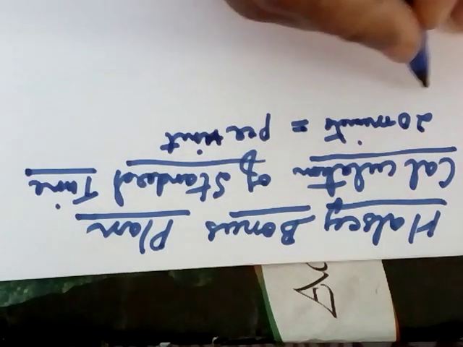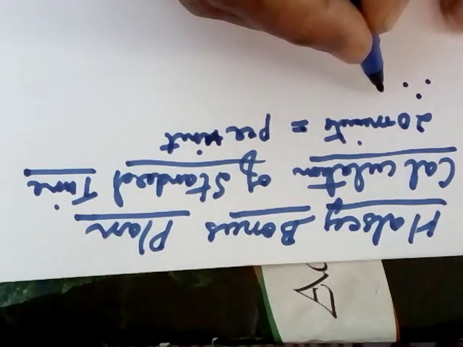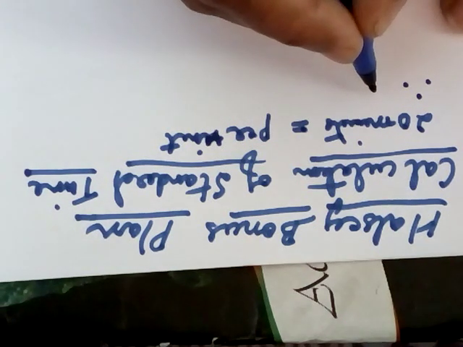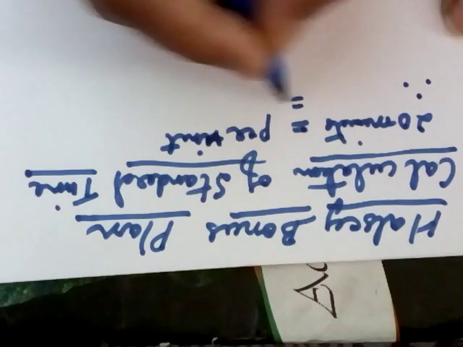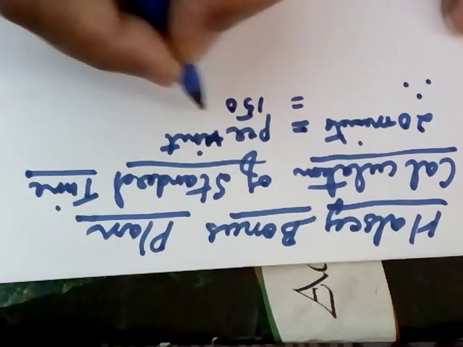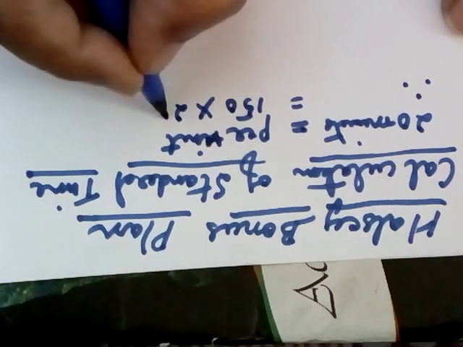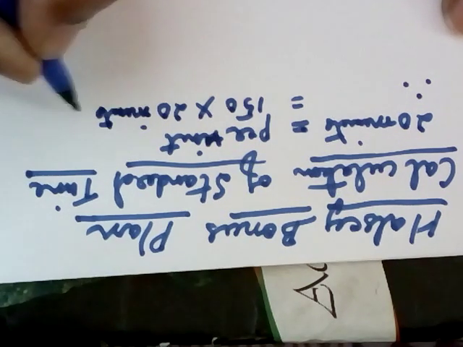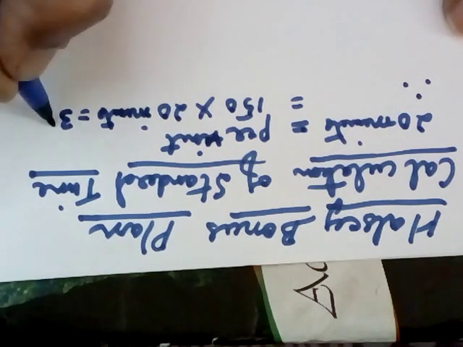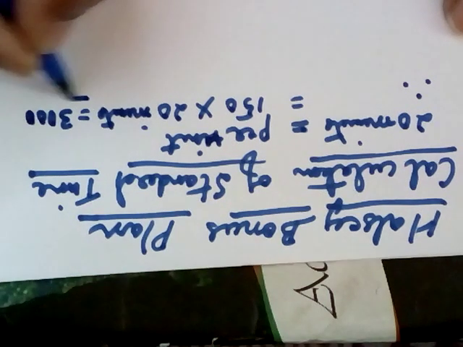Therefore, for producing 150 units into 20 minutes, this comes to 3000 minutes.